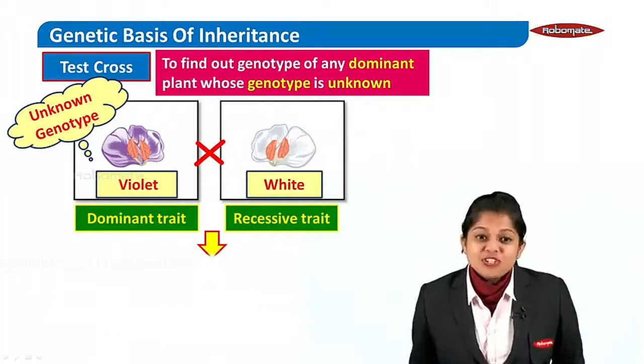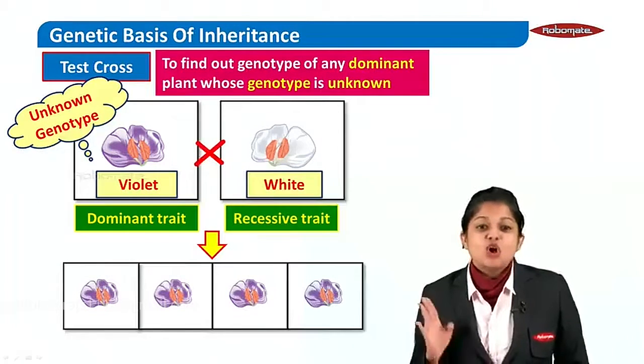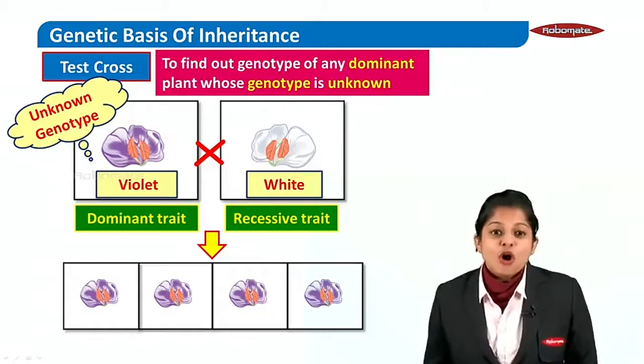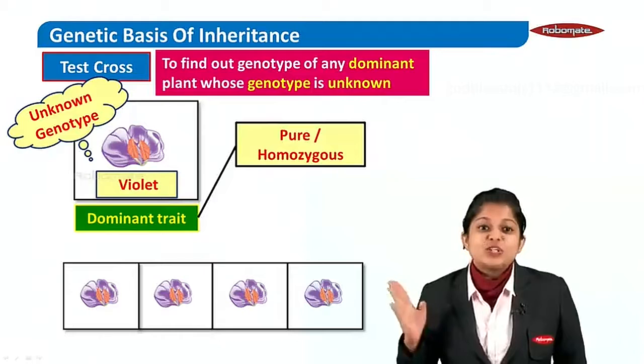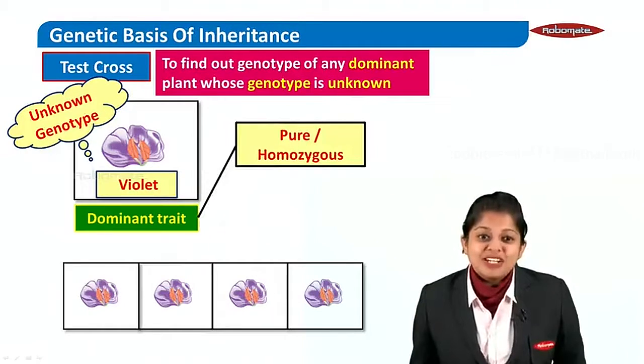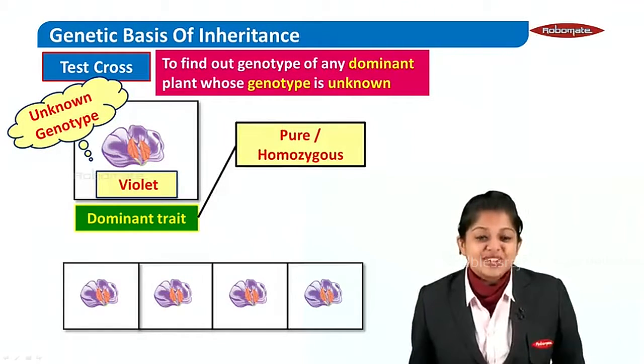And if the progeny that is produced is all dominant or all violet flowers, then in that case I can say that the dominant trait was a pure trait or a homozygous trait.